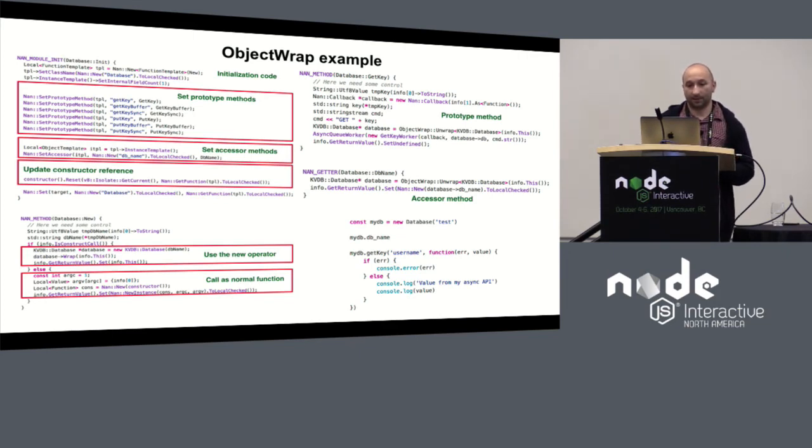We set the name for this function, its prototype methods, the accessor methods. We update the constructor because, using this pattern, we need a persistent reference to the constructor, because we need to access it outside of the initialization code. Then we have the implementation of one of the methods that we have set in the initialization code.